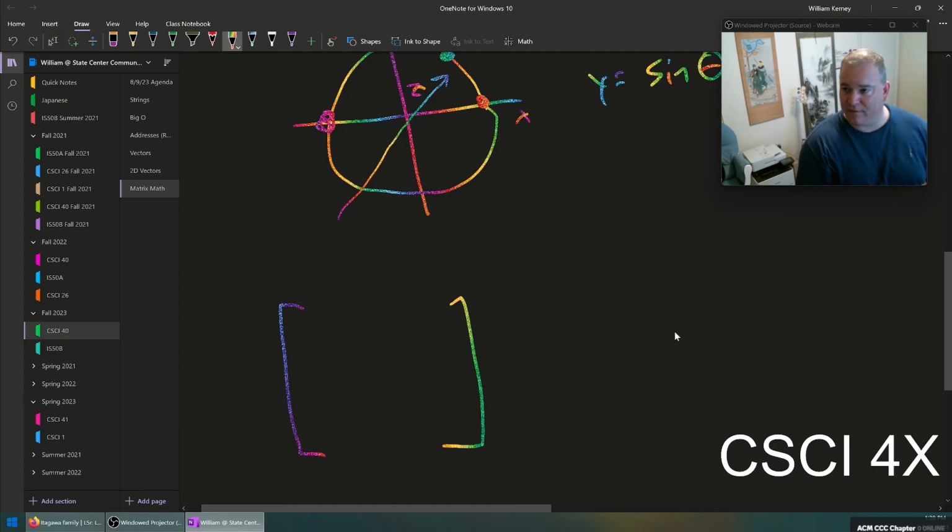Cosine of 90 degrees is 0. Negative sine of theta is -1, then 1, 0, 1, 1, 0, and zeros for the rest.